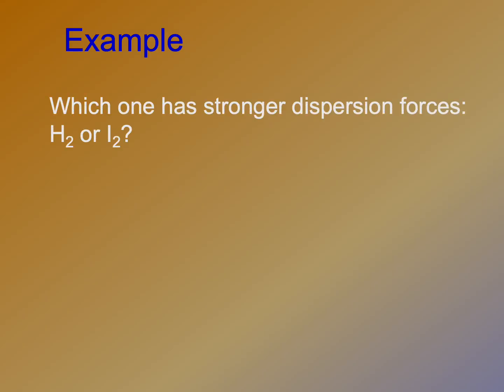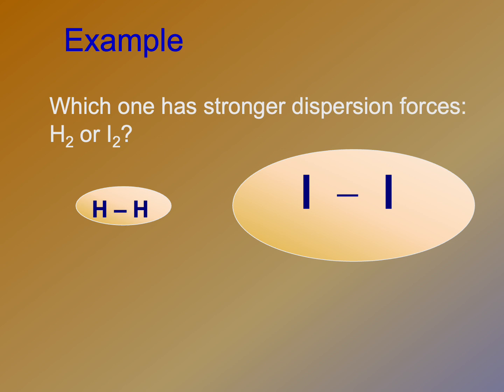So let's look at an application of this. You could be asked which one has stronger dispersion forces, hydrogen or iodine. If we look at them, hydrogen, H2, is only going to have 2 total electrons. Iodine by itself has, I believe, 55 electrons.